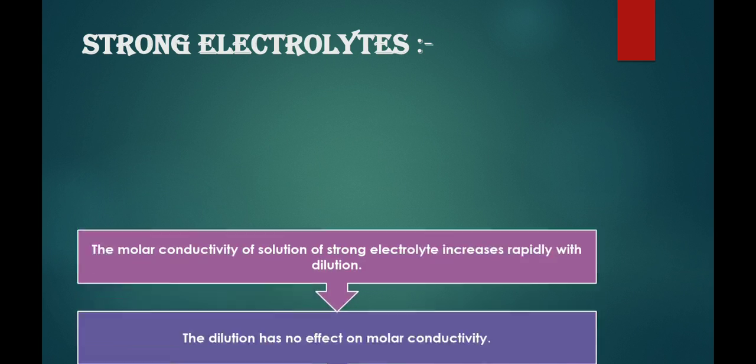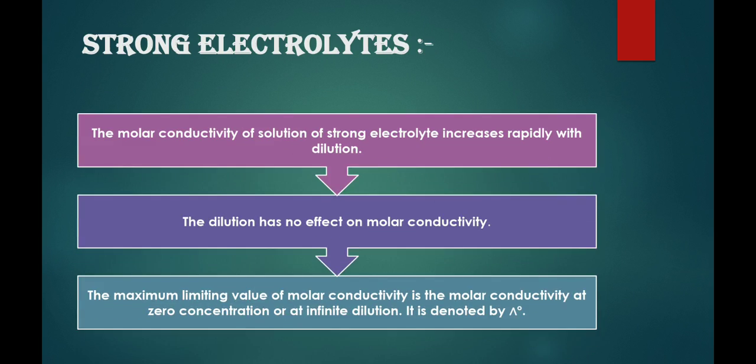Now strong electrolytes. Molar conductivity of a solution of a strong electrolyte increases slowly with dilution. The maximum limiting value of molar conductivity is the molar conductivity at zero concentration or infinite dilution.